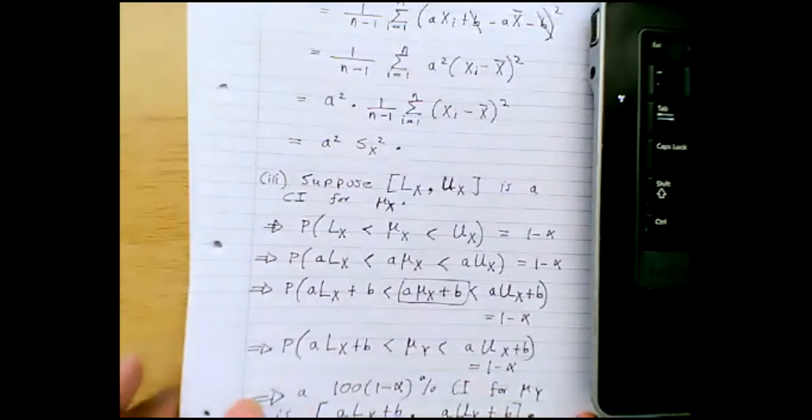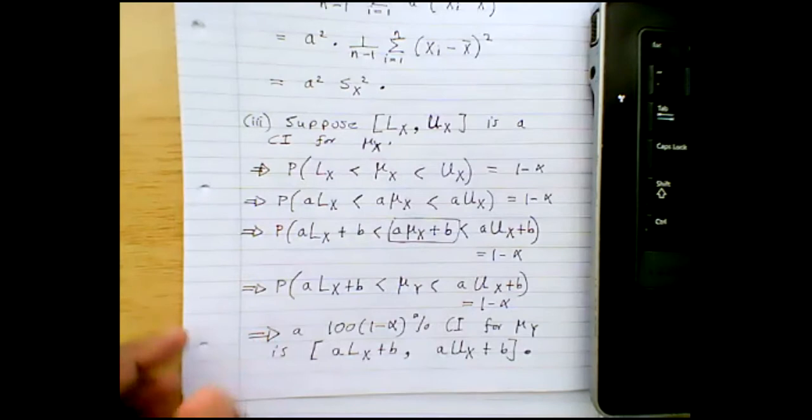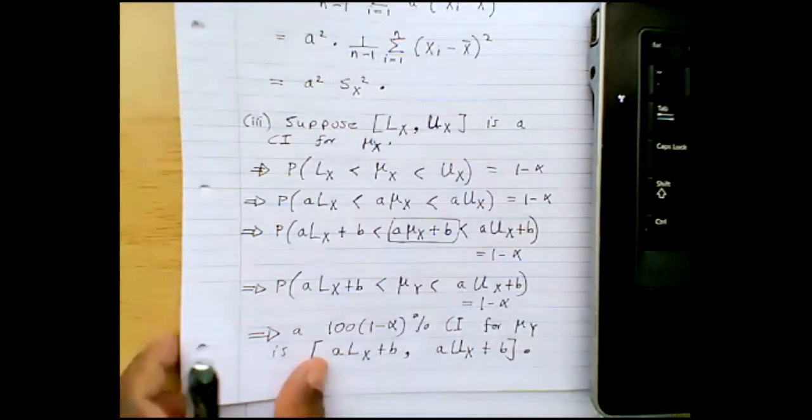So that completes part 3 of question number 7. Is that okay? Or any questions so far on this? So this is the confidence interval for the population mean of y. Okay, thank you, guys.